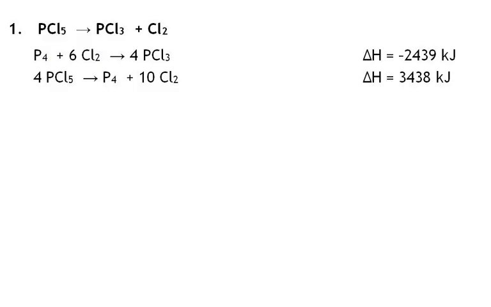So first thing I like to do is I look at the first part in the target and I say, alright, PCl5, and then I look at the given reactions and I see that I have PCl5 on the proper side of the arrow, but there's too many of them. So what I want to do is multiply the reaction equation by 1/4, so I'll end up with 1 PCl5, which means I have to multiply the heat of reaction by 1/4 as well.